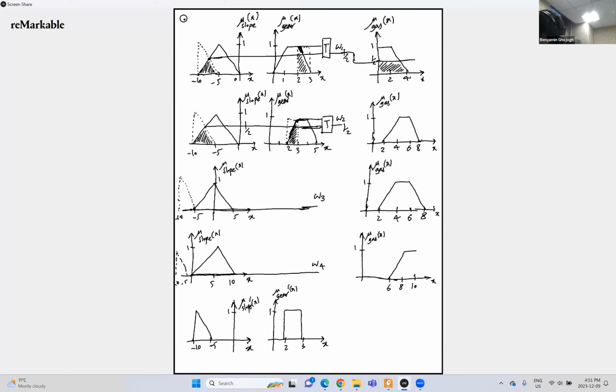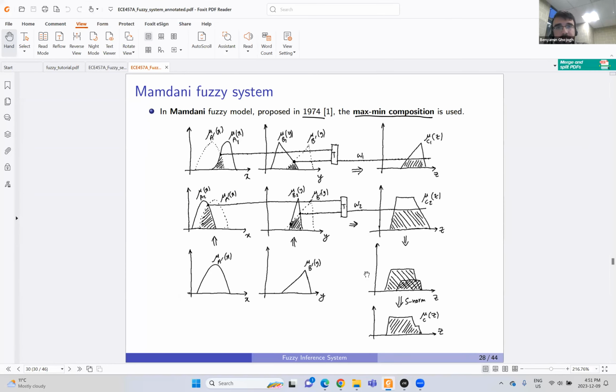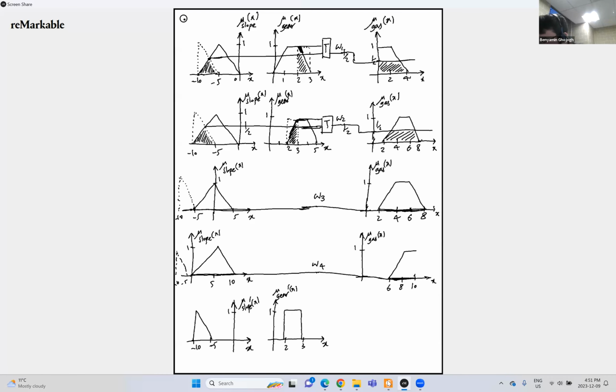And also here, half gives me this. 0 gives me nothing. 0 also gives me nothing, right? Now, recall this slide. I need to have the S norm between them. So what did we find?